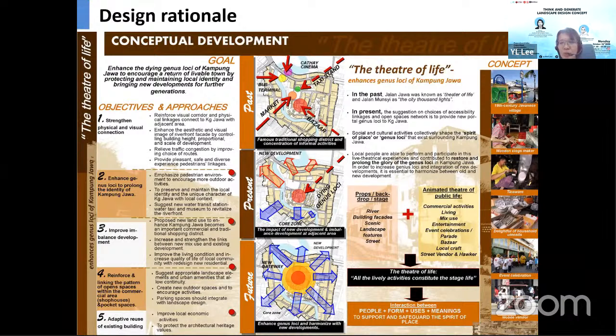So we need to have some sort of philosophy when we write a concept. Okay. This is what I describe here. So the props here are like the river, buildings, scenics. The theater is something like this. The community contributes to the environment, to the surrounding, like their commercial activities, their living. That is why I call the concept the theater of life.